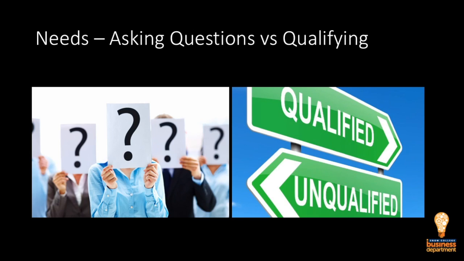In the traditional model, qualifying, it's less about discovering their needs and more about discovering, is this actually a potential customer for me? You think of a door-to-door salesperson coming up and saying, are you the homeowner? It's not about really just determining, does this person need my product, but more about, can this person buy my product? So a very big difference there.